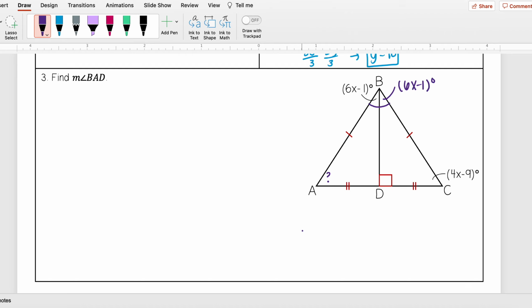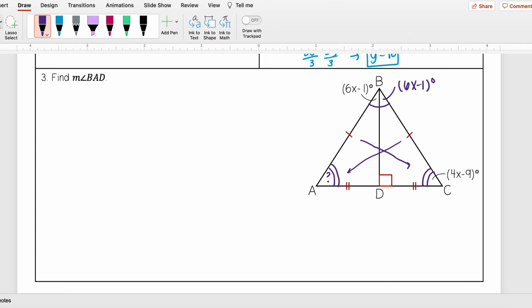And I also have an isosceles triangle because these two sides are congruent, so the angles opposite those congruent sides are also congruent. So this angle is congruent to my angle C. I can find angle A if I can find angle C.